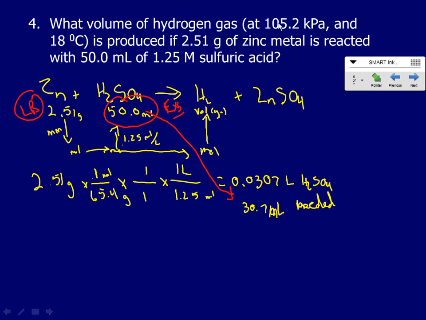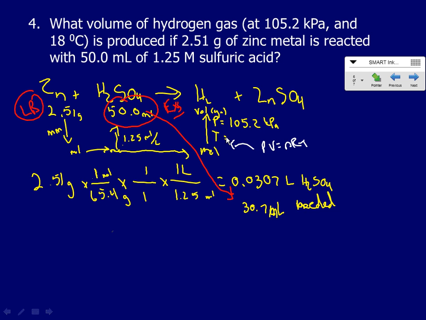So because I don't have it as a nice one, at this point, I'm going to need, and I'll just put this in a different color here, I'm going to need, at that point, PV equals nRT. I'm going to do that at the bottom, but that's what we're going to be doing. So let's gather our information. P, 105.2 kilopascals. Well, no conversion needed there.